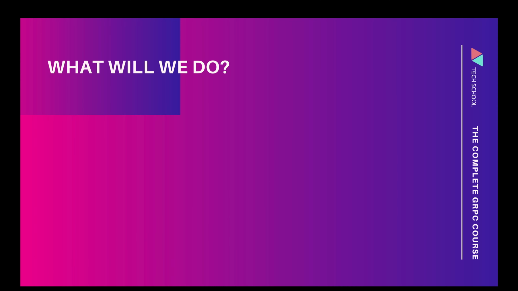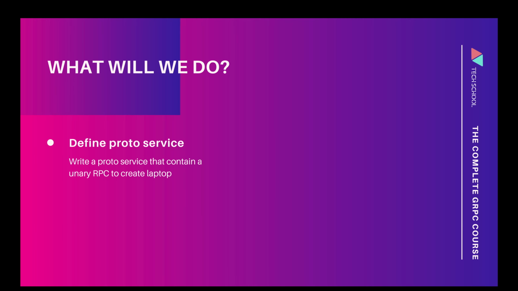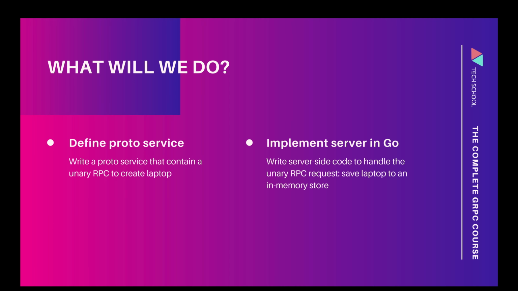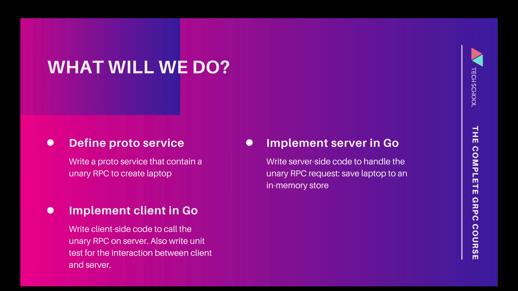Here's the plan. First, we will define a proto service that contains the unary gRPC to create a laptop. Then we will implement the server to handle the request and save the laptop to an in-memory storage. We will implement the client to call the RPC and write unit tests for the interaction between client and server.